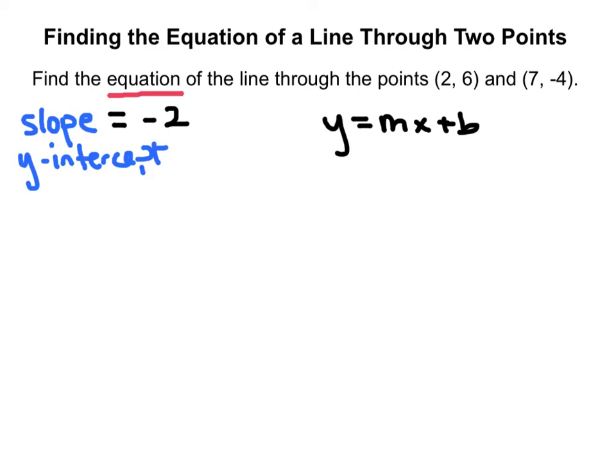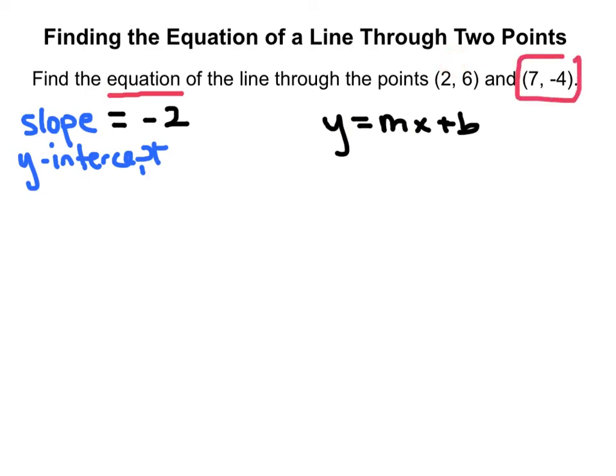Now, the last thing I'd like to prove to you is that it really doesn't matter which ordered pair you choose to plug into the slope-intercept form. In the last example, when we found our answer, we plugged in (2, 6). I want to show you what would happen if we plug in (7, -4).